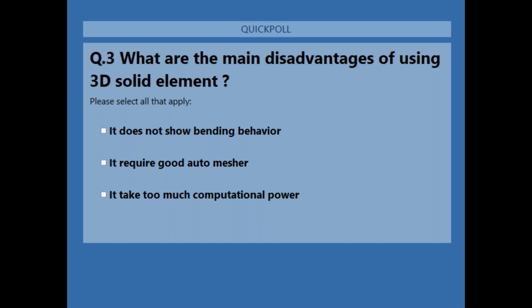It requires good automation, automation meaning for discretization purposes. It takes too much computational power as well as time. I am asking about the disadvantages of a 3D element.